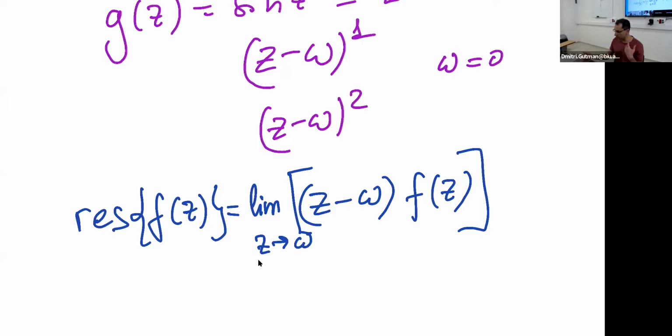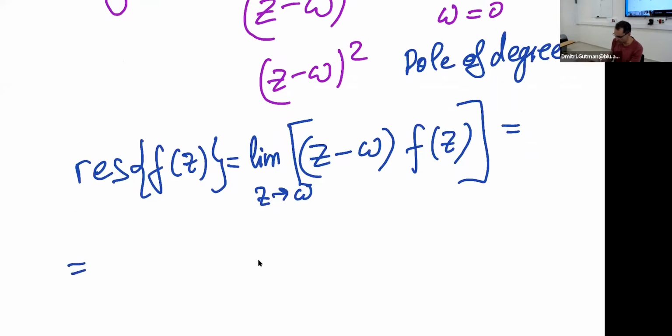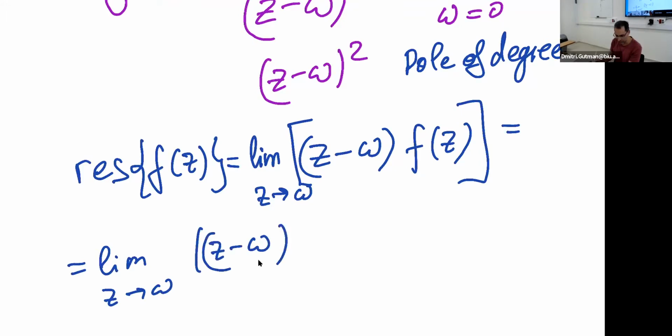Because we have proven that this is in general correct for any pole. And now we know that this pole is of first order, a pole of degree 1. So we need to compute the limit as z approaches w of z minus w times the fraction phi of z divided by g of z.